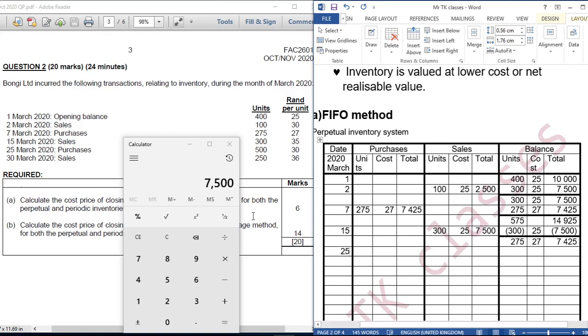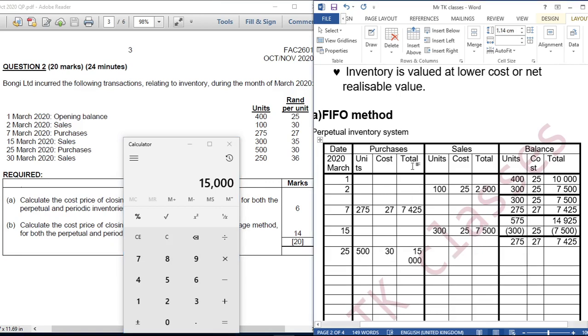Okay. So what happened? Which date do we have? 25. Right? What happened? There was a purchase. How many items were purchased? 500. And they were purchased at how much? At 30. So we are going to say 500 multiplied by 30. We are going to get 15,000.